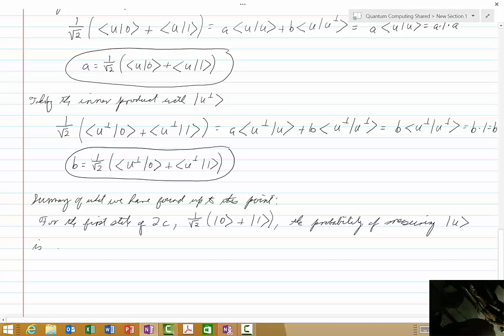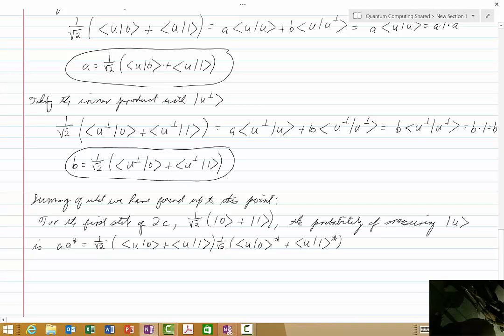So this will be a times a conjugate, which will be equal to 1 over square root of 2 times u 0 plus inner product of u with 1 times 1 over square root of 2 times u 0 conjugate plus u 1 conjugate.